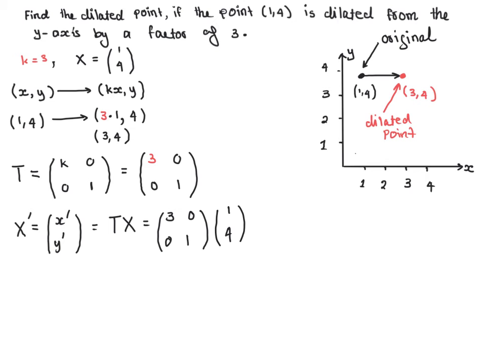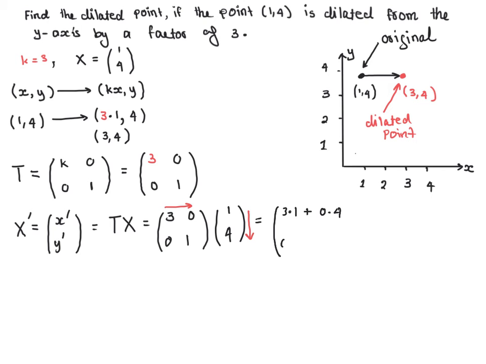If we expand this out, we'll get the following. So 3 times 1 plus 0 times 4. So we're going along horizontal and then vertical.